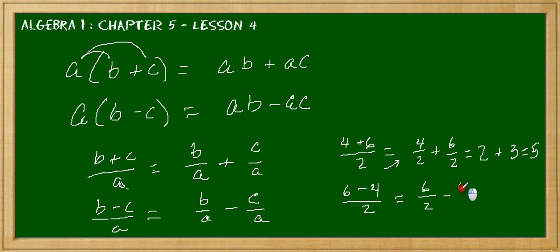We would have 6 over 2 minus 4 over 2. And 6 over 2 is equal to 3, minus 4 over 2, which is 2, which means the answer is 1. So our answers would be the same had we applied it either way.